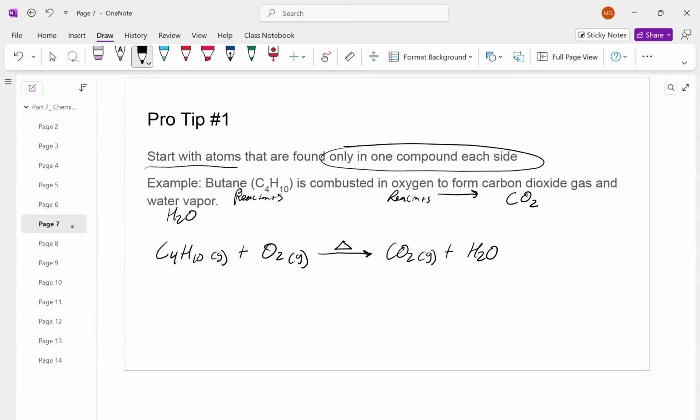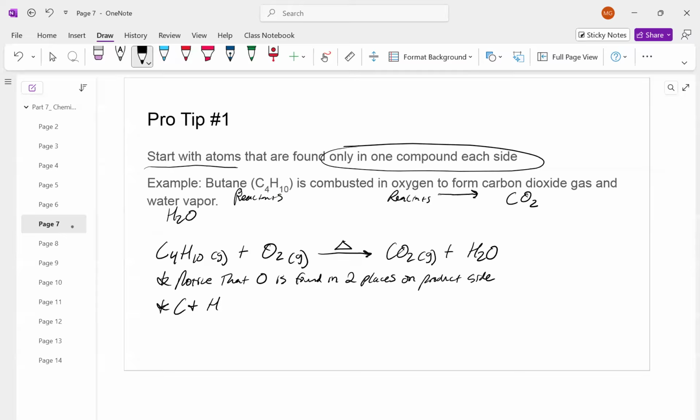Now, a couple of things I want you to notice. Notice that oxygen is found in two places on the product side. So what does that mean? Don't try to balance oxygen first.